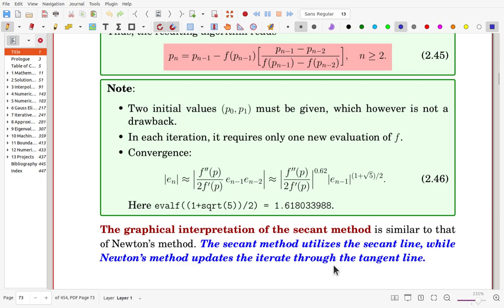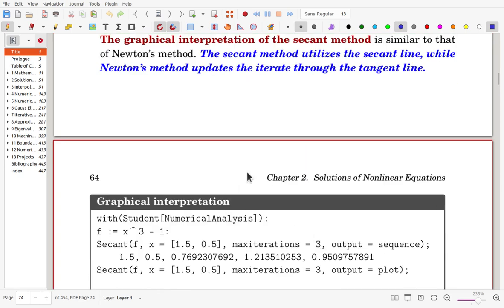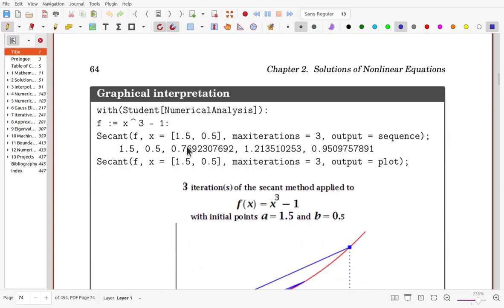Let's see a graphical interpretation of the secant method. We choose a simple function, x cubed minus 1, so that the root p is 1.